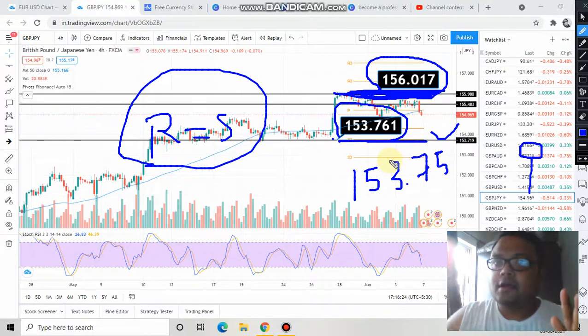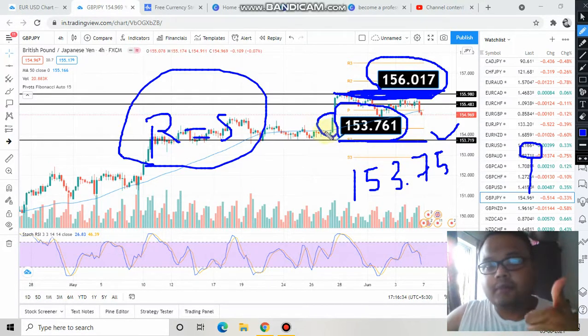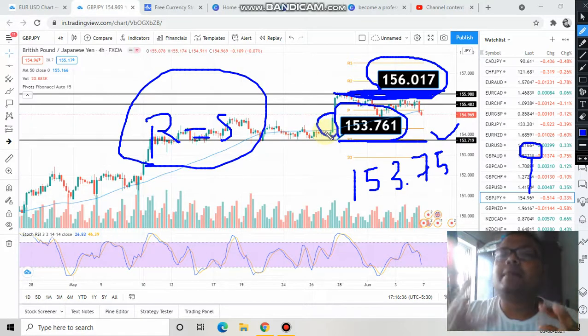But remember, if the market gives you a breakout, do not buy right away. Just wait for the confirmation. If you see a big breakout like the previous time on 20th May, then you can go for a buy order. Otherwise, if you see that the market has crossed the resistance with small green candles, then do not buy.